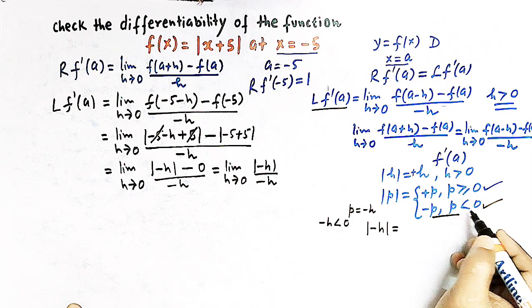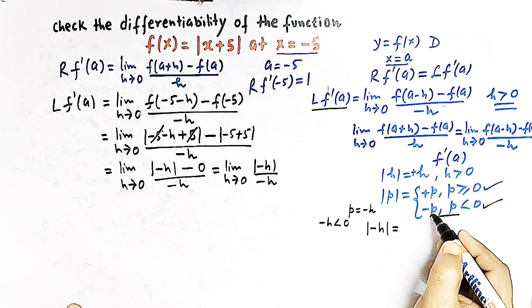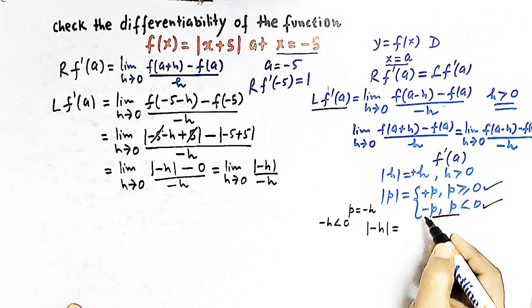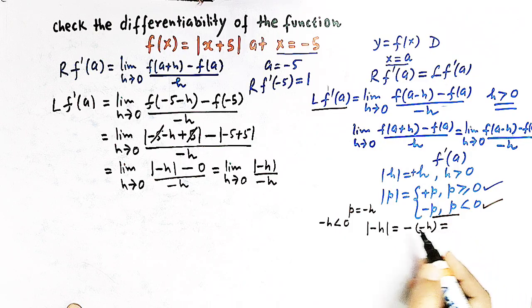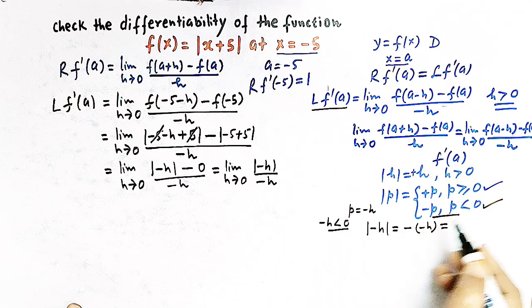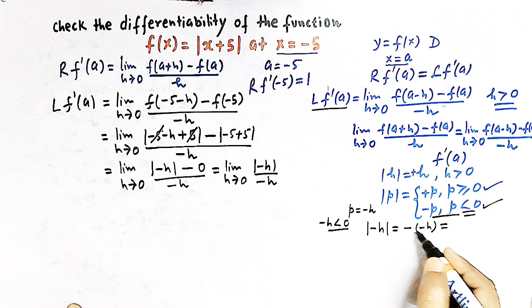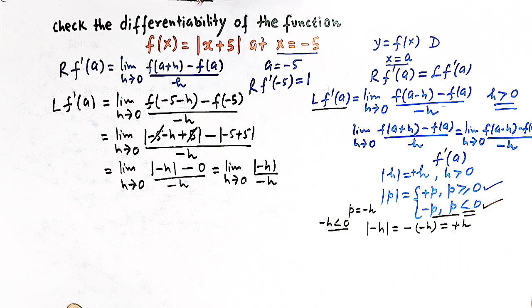So here p is less than 0, then mod of p is equal to negative p. So now mod of minus h is equal to negative of minus h, because minus h is less than 0. Here p is less than 0, so negative multiplied with negative becomes positive, right?